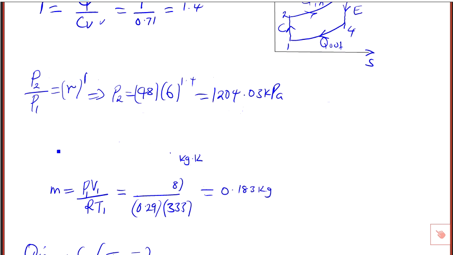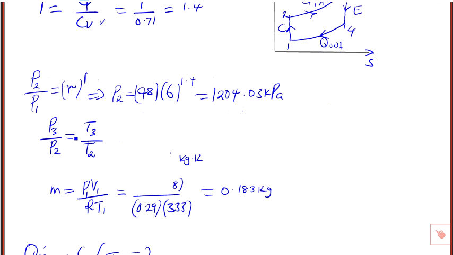From there, can we now get the value of P3 by comparing this? Whether this is Charles' law or Boyle's law, P3 over P2 should be equal to T3 over T2. That is comparison in terms of pressure and temperatures.